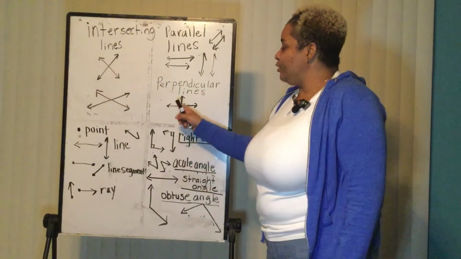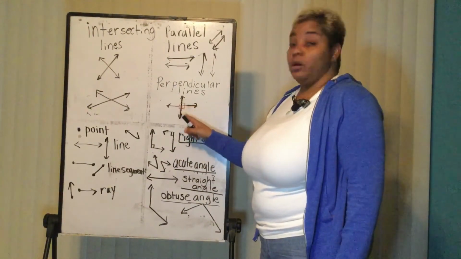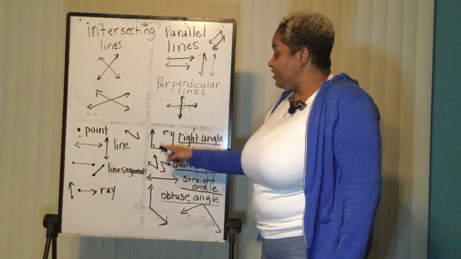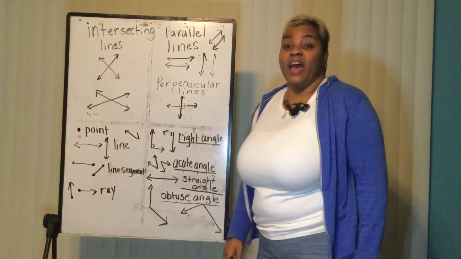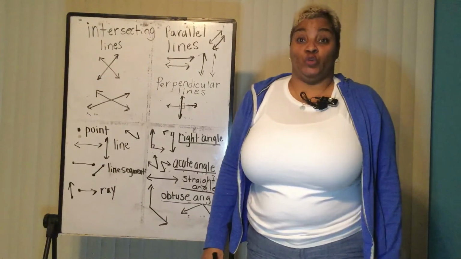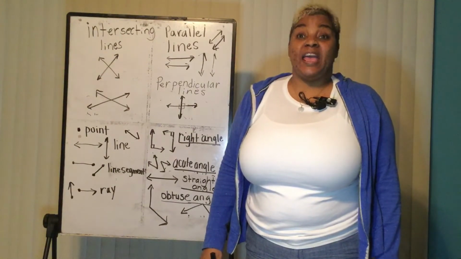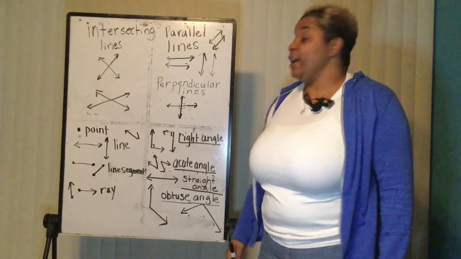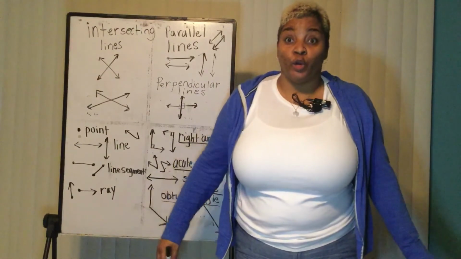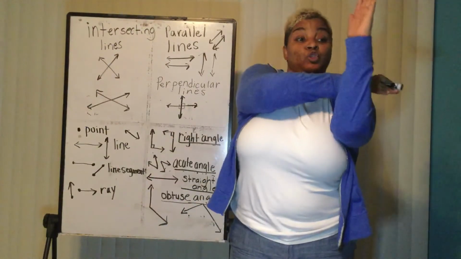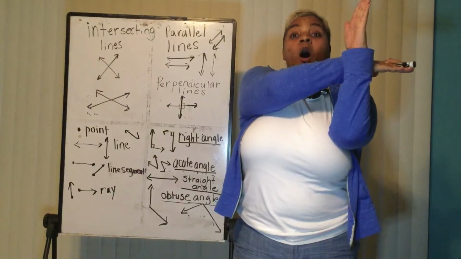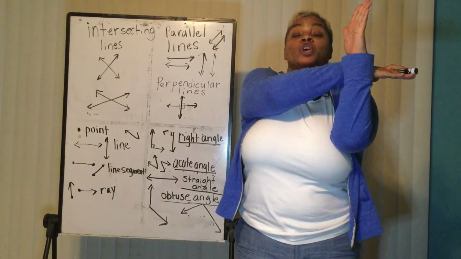Well, I know you see these square corners. And we know when we see that square corner, we've got right angles. So perpendicular, they form square corners, also known as right angles.